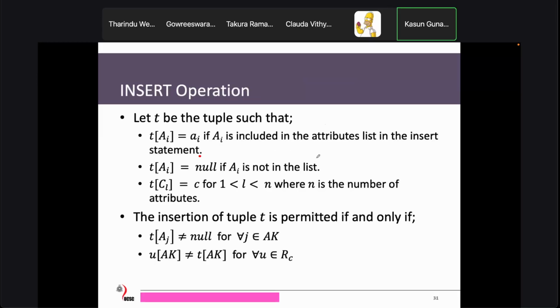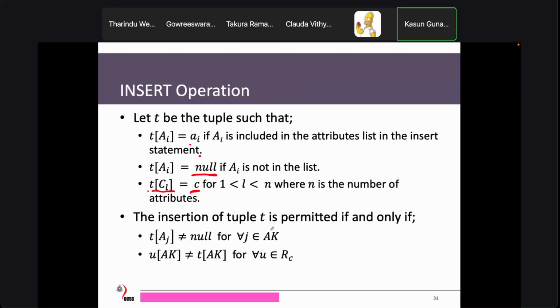So if the user specifically mentions attribute AI and the value in the insert statement, that will be taken. If the attribute is not mentioned, a null value will be set. And the classification level for all these attributes will be set to the user's classification level.